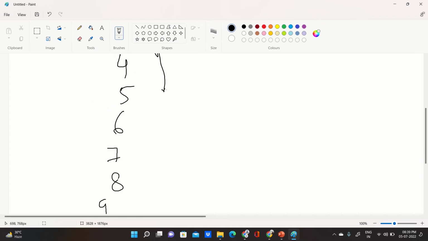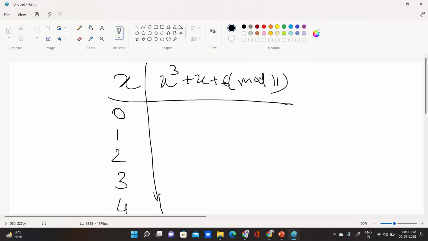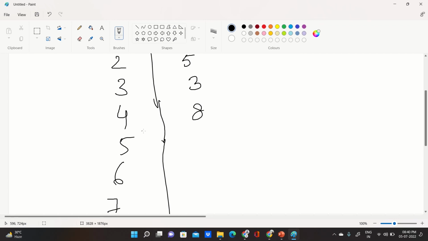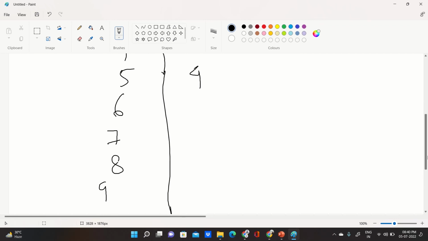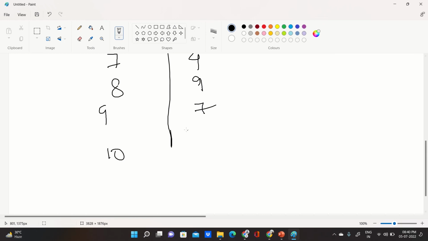I'm just going to put the x's value into this equation. I hope you know how to find mod's value; if not, please remind yourself once again. So 0's value would be 6, 1's value would be 8, 2's value would be 5, 3's value would be 3, 4 will be 8, 5 will be 4, 6 will be 8, 7 would be 4, 8 would be 9, 9 will be 7 and 10 will be 4.